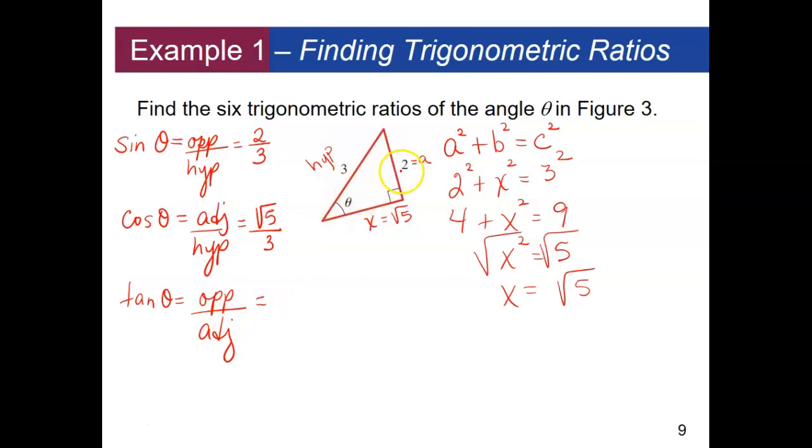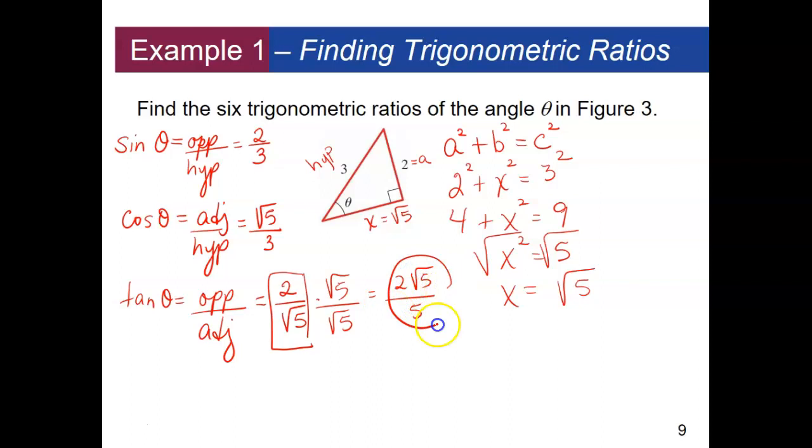So my opposite side is 2, and my adjacent side is the square root of 5. I could leave it like this, or I could rationalize it, and I would have 2 square root of 5 over 5 as a rationalized expression.